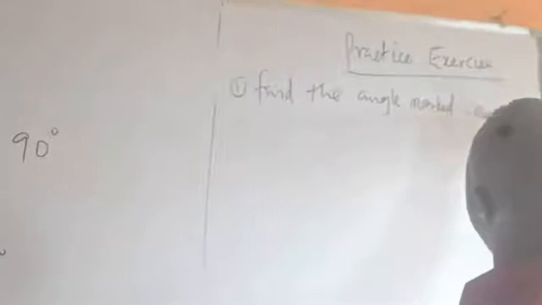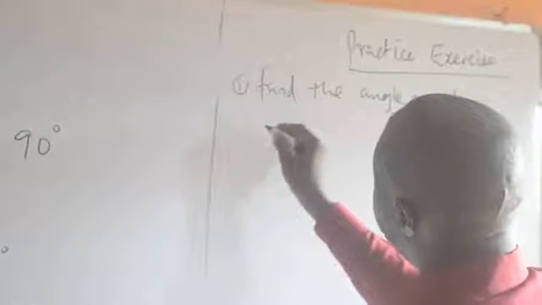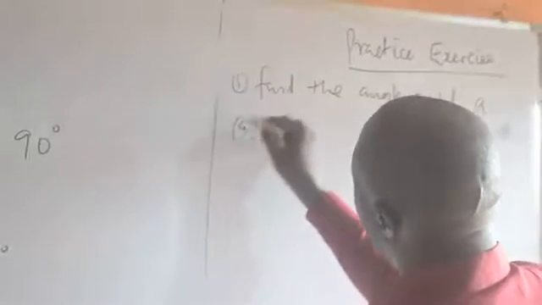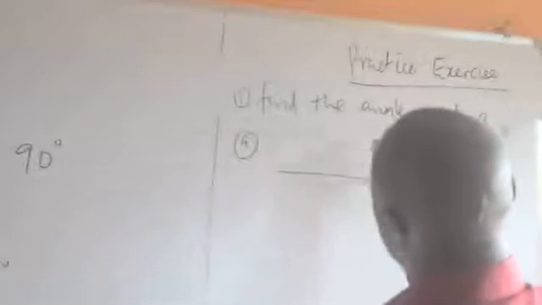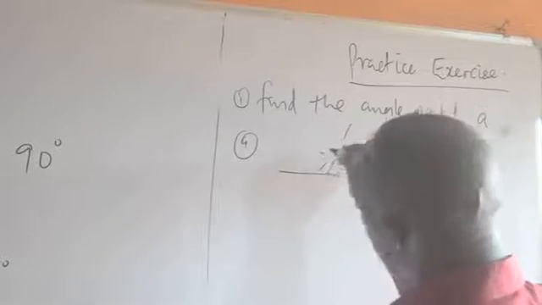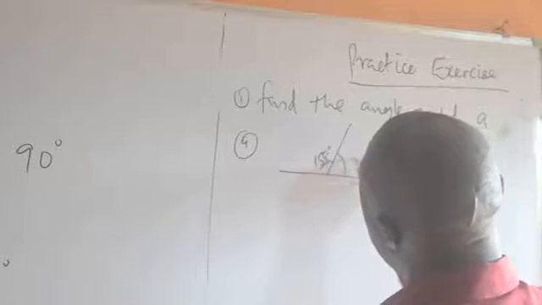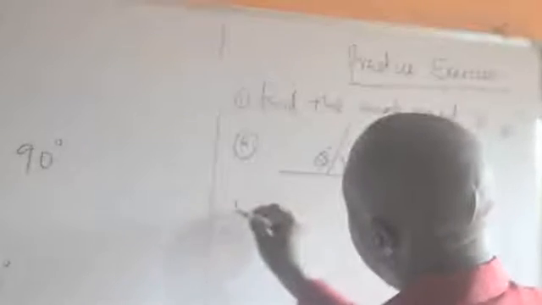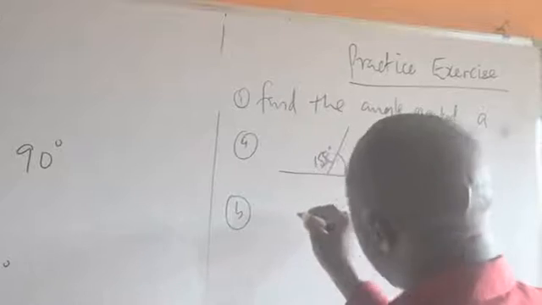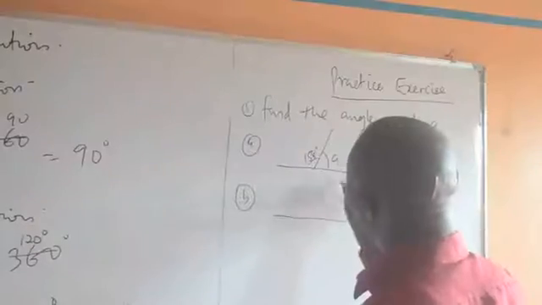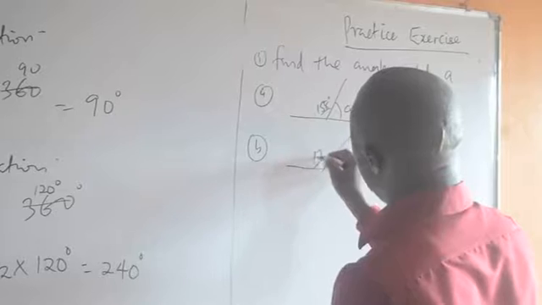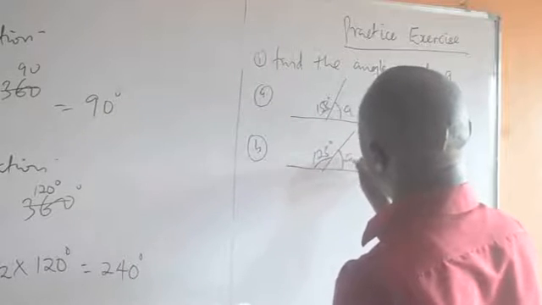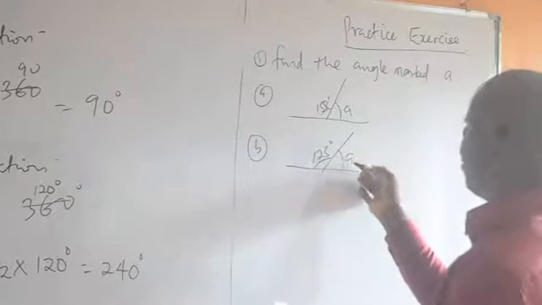Find the angle marked A. B part, 125 degrees, A.